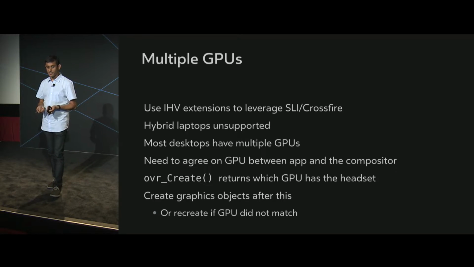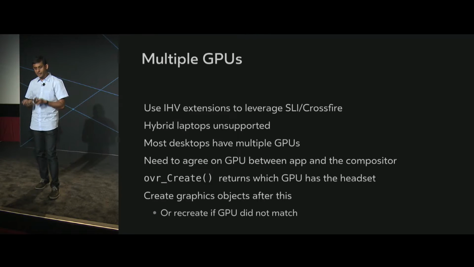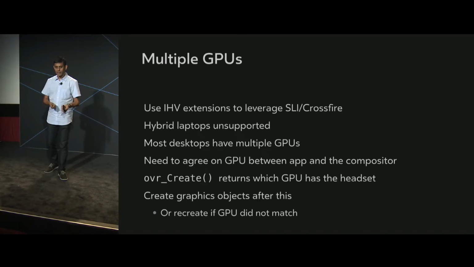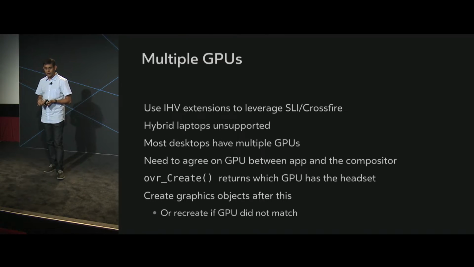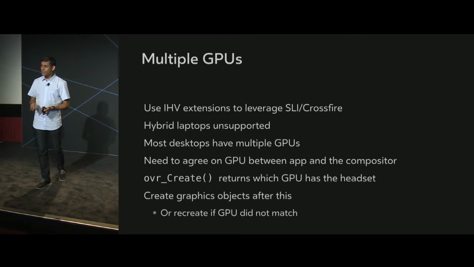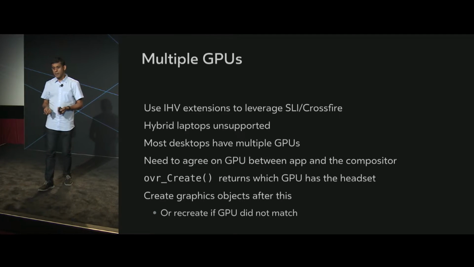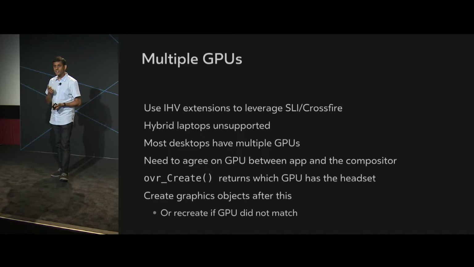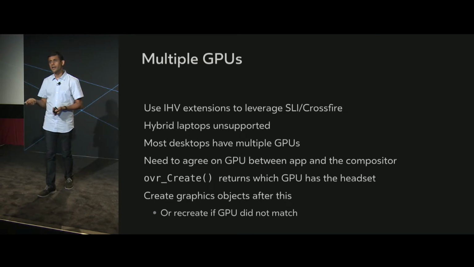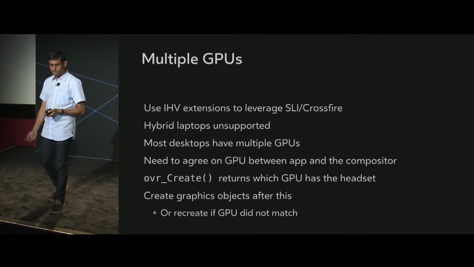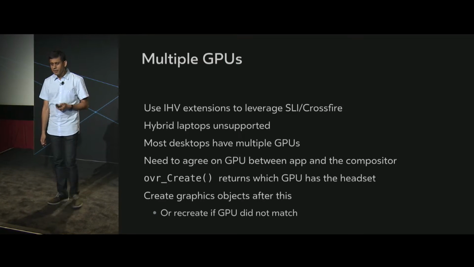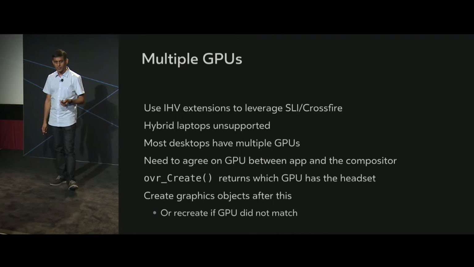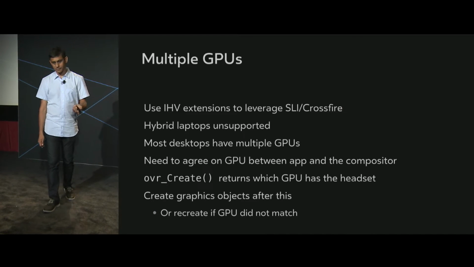Hybrid GPU configurations are where you're mixing integrated graphics and discrete graphics, and these can be problematic. In particular, hybrid laptops are not supported because they often tend to have the HDMI output connected to the integrated GPU, which is too slow. These days, even most desktops with discrete GPUs have the integrated GPU enabled.